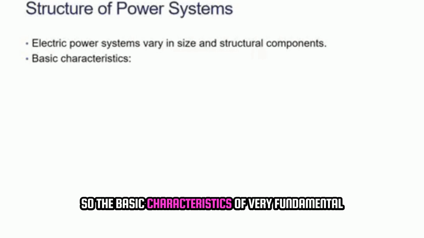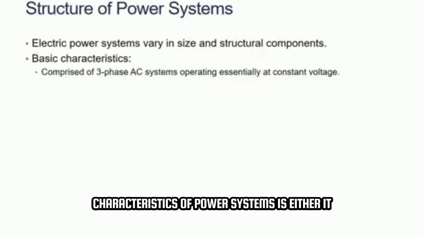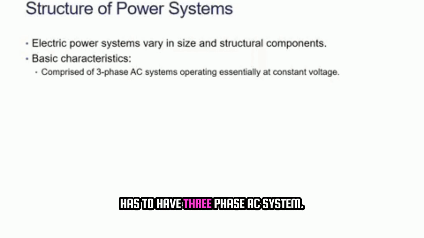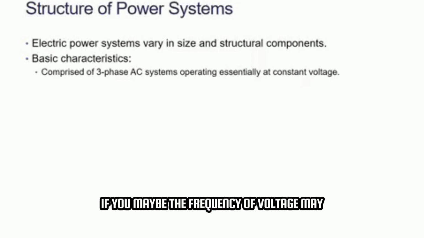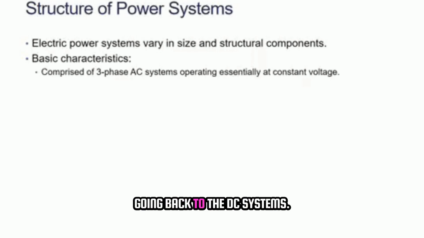The very fundamental characteristic of power systems is that it has to be a three-phase AC system. The frequency of voltage may be different across countries, but it will always be a three-phase AC system. Recently, people have started talking about going back to DC systems.